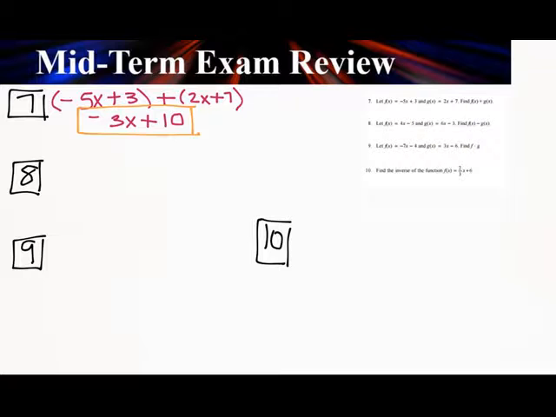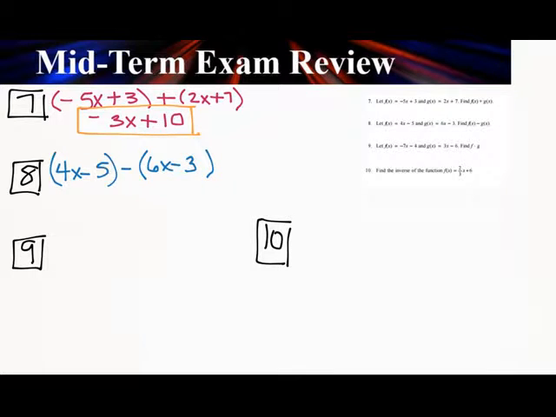Okay. So for number 8, we're going to do subtraction. So we're going to set it up. So this is why I always do the parentheses, so I can remember what I need to do in the middle. So we're going to do f of x minus g of x. So g of x is 6x minus 3.